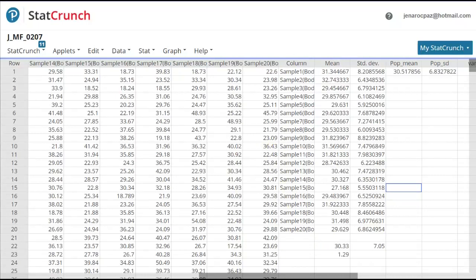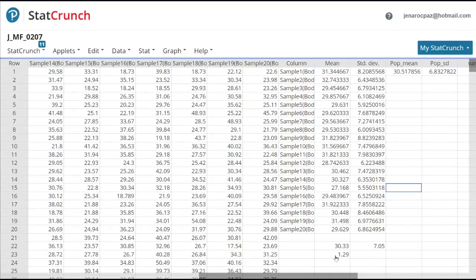Well, according to the central limit theorem, these two values must be related, and they must be related when we divide the standard deviation of the population by the square root of the sample size.